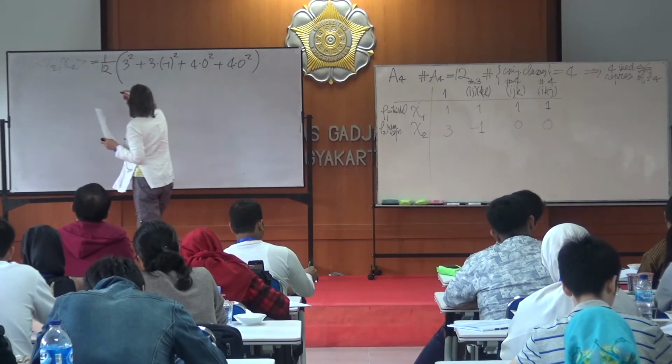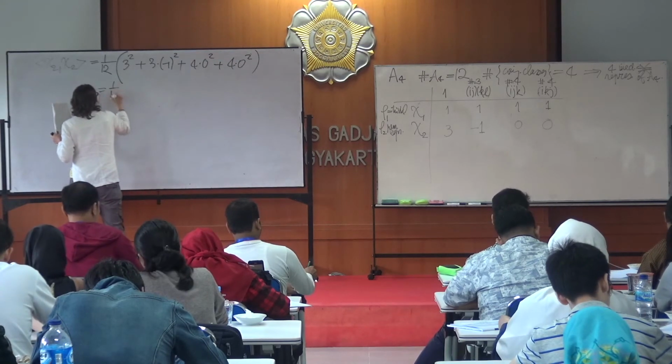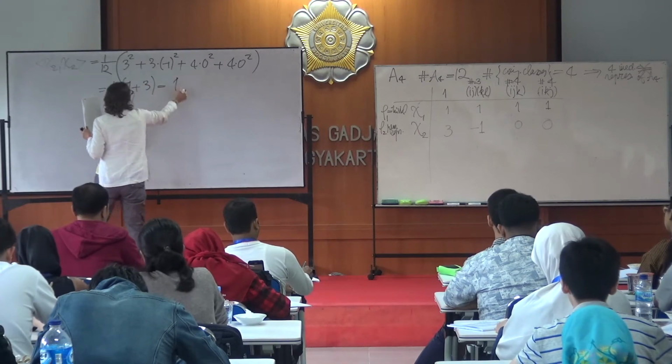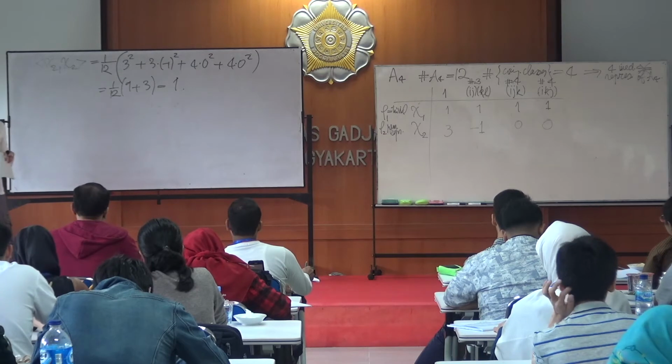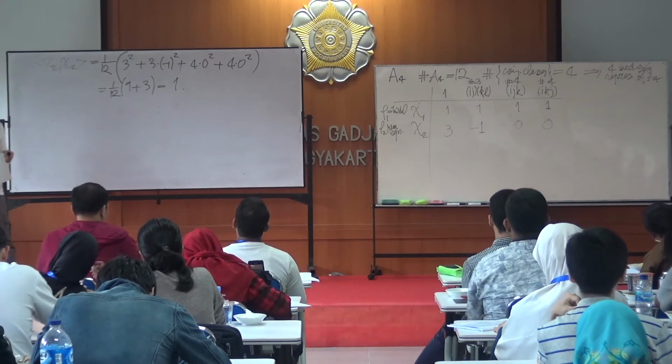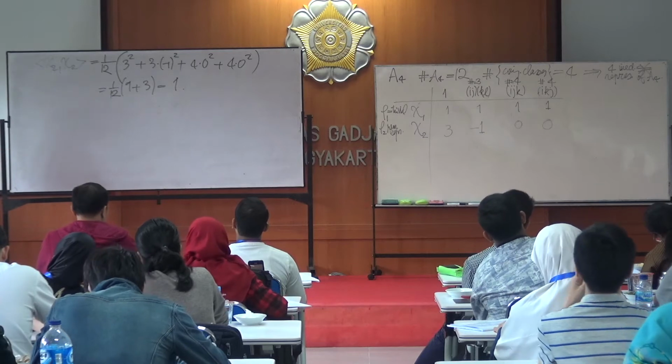So what I get is 1 over 12 times (9 plus 3), which is 1. So this guarantees that the representation rho 2 remains irreducible once I restrict it to V0.